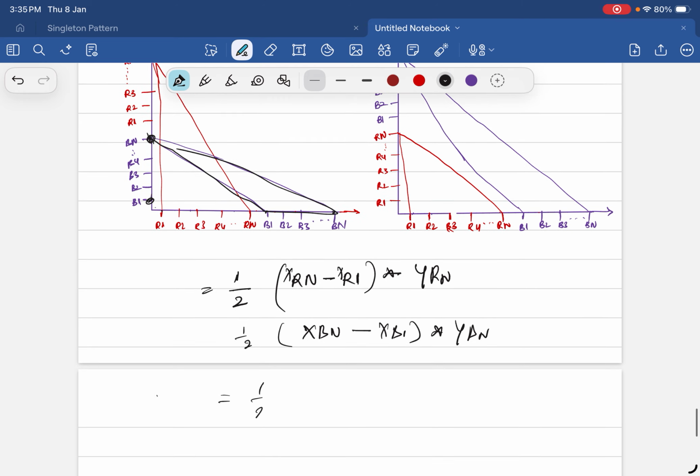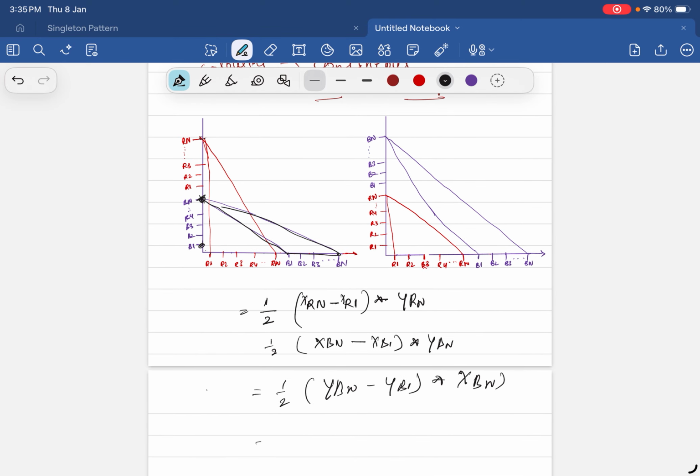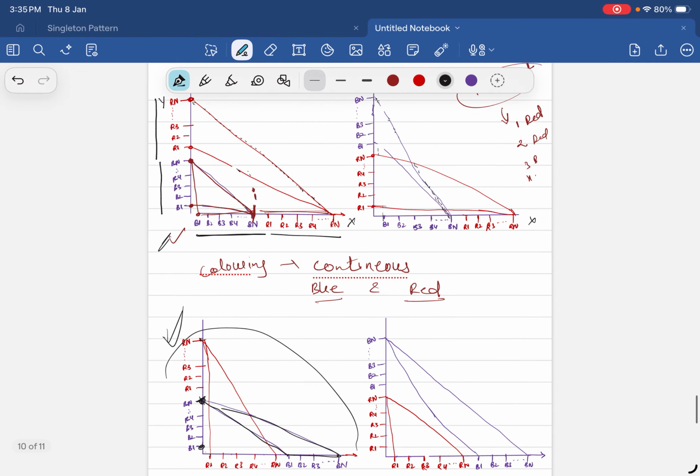Now with y points, we'll get y bn minus y b1 into xbn. Yes. Now if we still have one more point with the red, then it will be half yrn minus yr1 into xrn. So these are the 4 triangles that we get with this diagram.